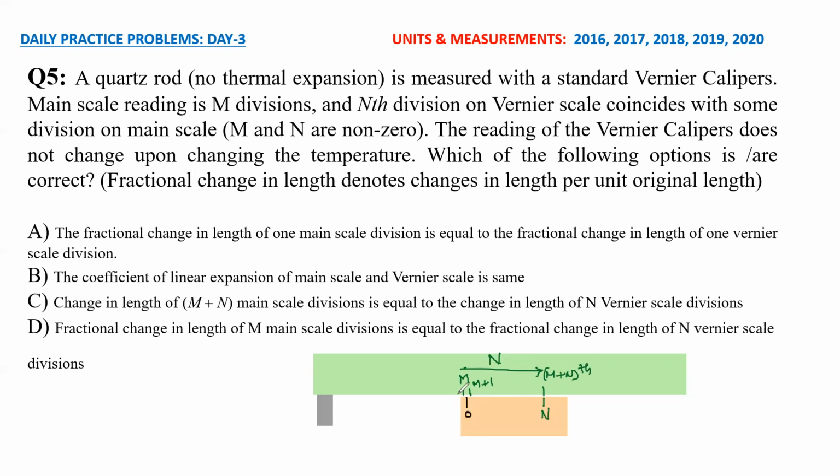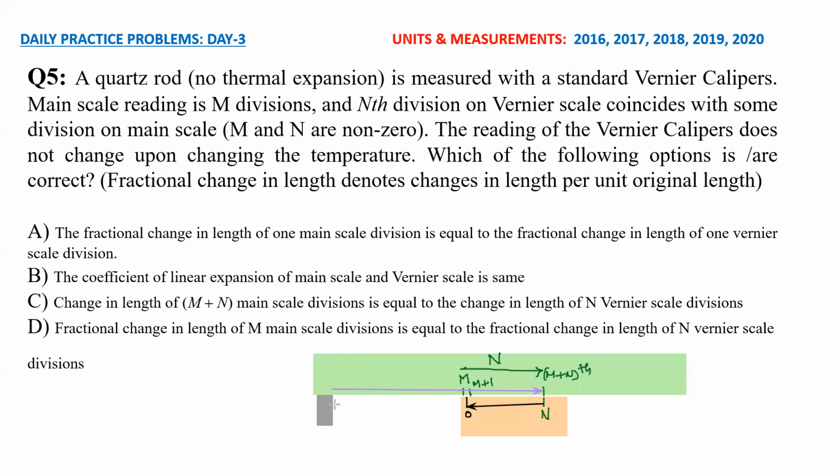This is the actual principle, and that is why typically in a vernier, what they say is, you go m plus n divisions on the main scale forward, and you go n divisions on the vernier scale backward, and that will be nothing but the length of your object.